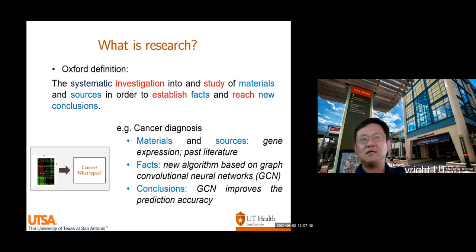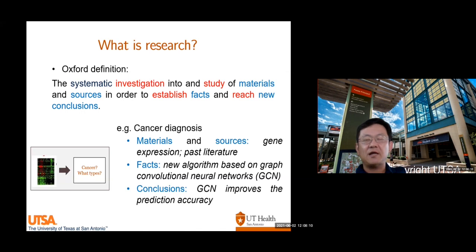So we can see that in this definition, there are two sets of action terms: investigation, study, and establish and reach. And there are also two sets of subjects, which are materials and resources, and facts and new conclusions.